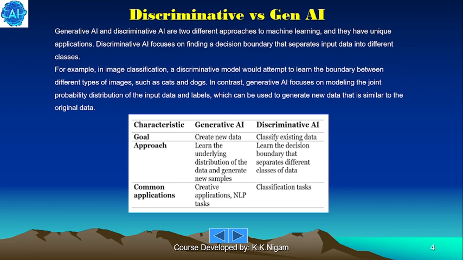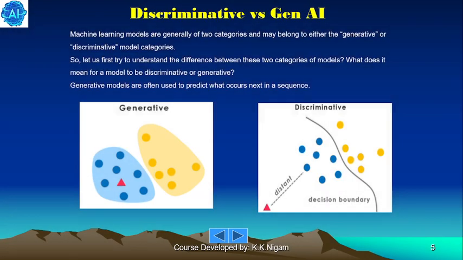For example, an image classification discriminative model would attempt to learn the boundary between different types of images, such as cats and dogs. In contrast, generative AI focuses on modeling the joint probability distribution of the input data and labels, which can be used to generate new data that is similar to the original data.